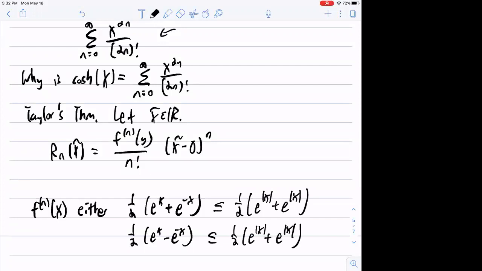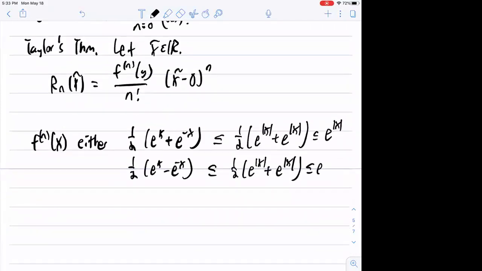So this is smaller than or equal to just e to the absolute value of x, right? Is everyone clear on this? So for example, if x was -1, it's smaller than e to the 1 plus e to the 1 times the half.